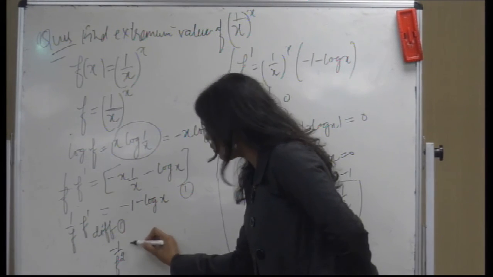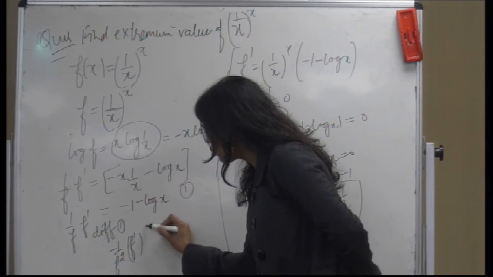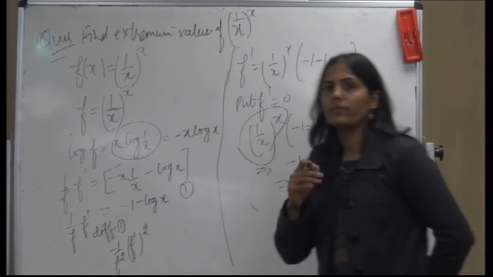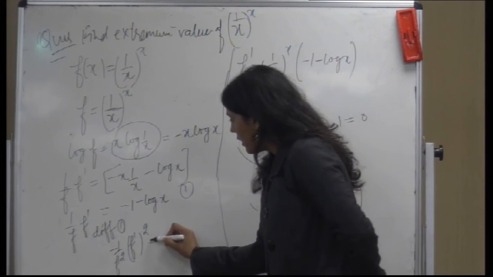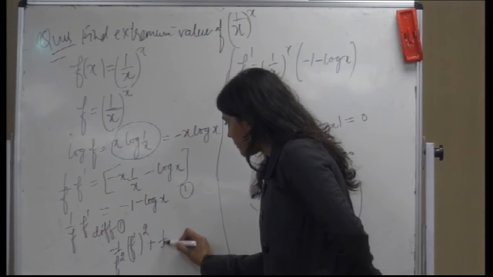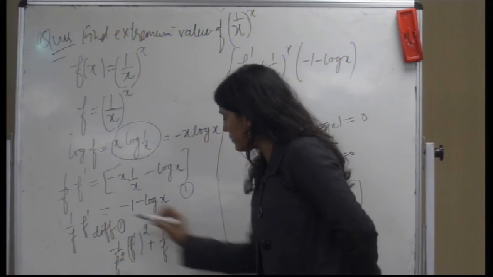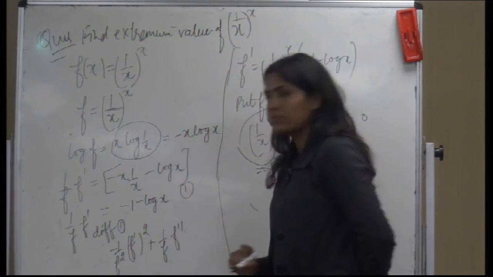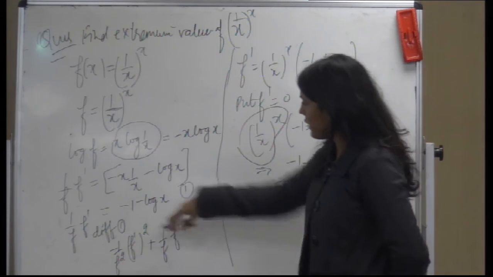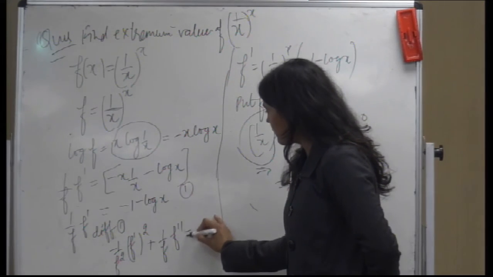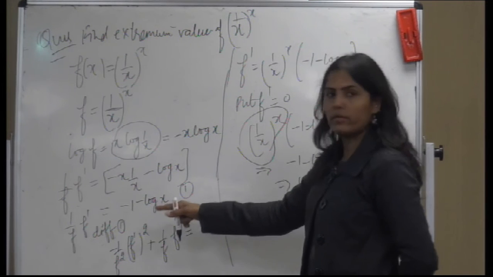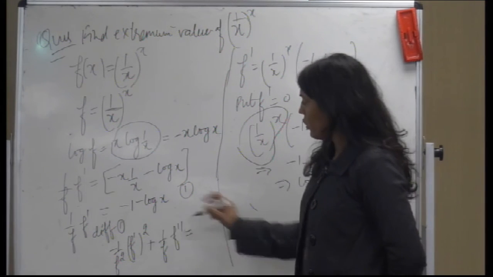Is it fine? So it will be f dash whole square. Now next will be 1 by f as it is, and then the derivative of f dash will be f double dash. Fine. Take the derivative on the right hand side.